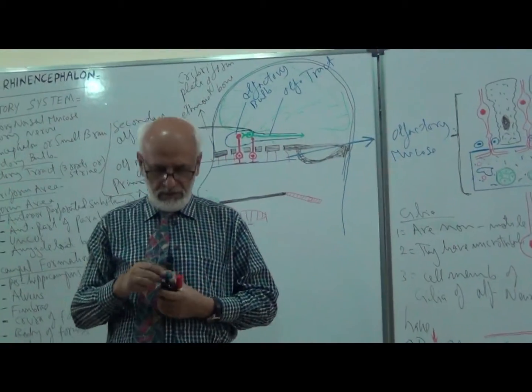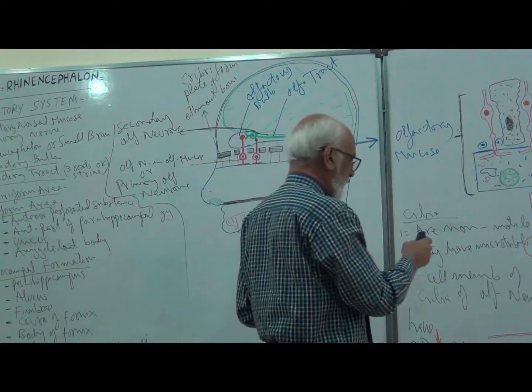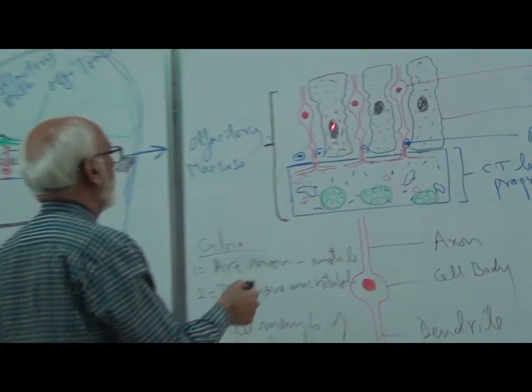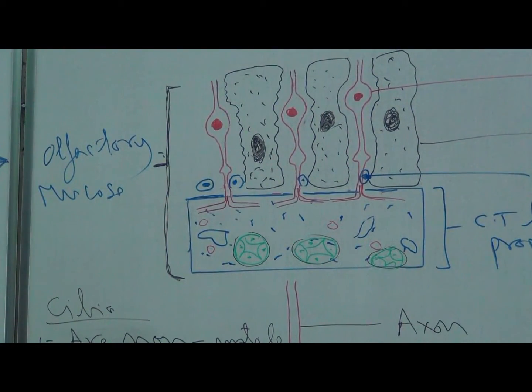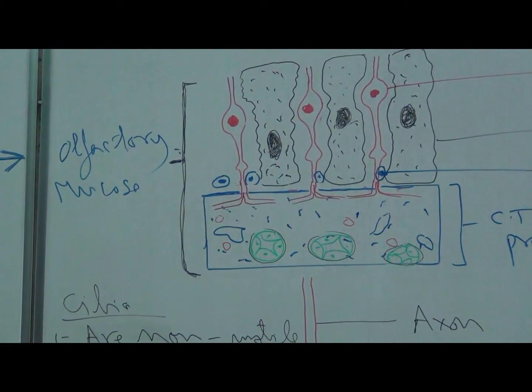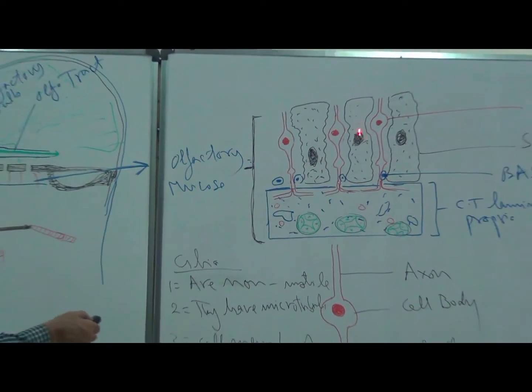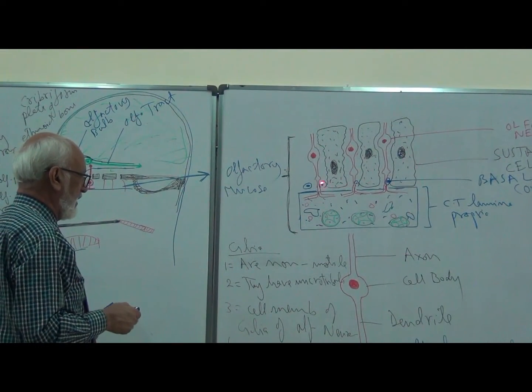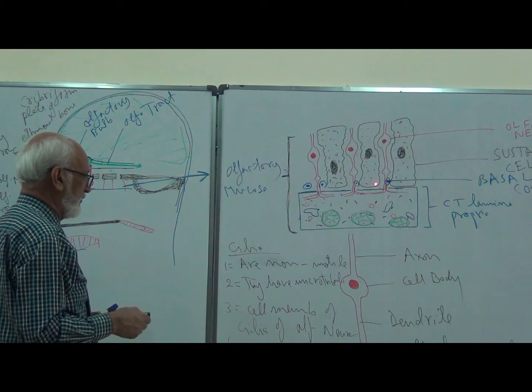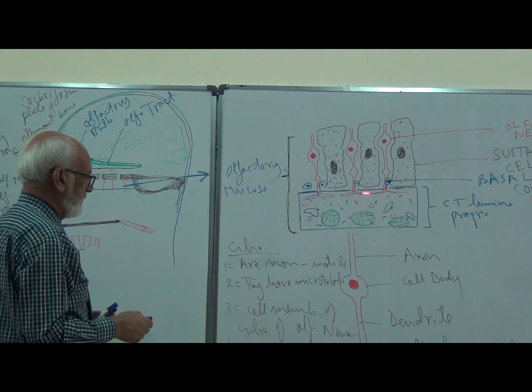Next to the olfactory neurons in the olfactory mucosa are sustentacular cells. These are supporting cells. They are meant for physical and nutritional support to the olfactory neurons. And in the basal region, I told you there are basal cells which act like stem cells.